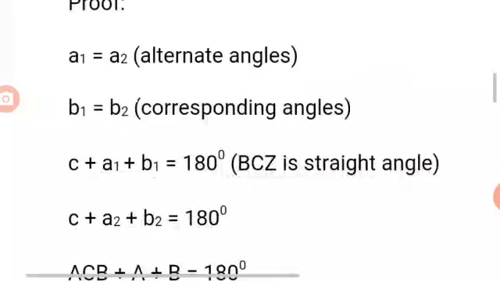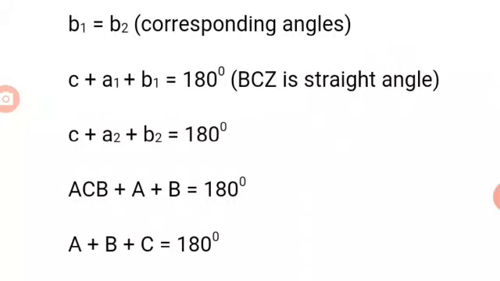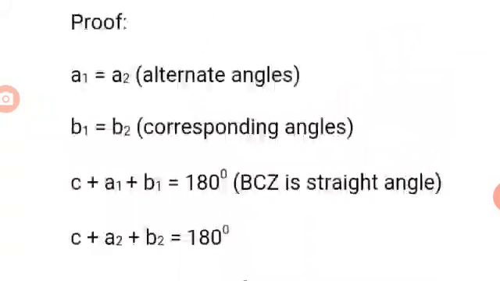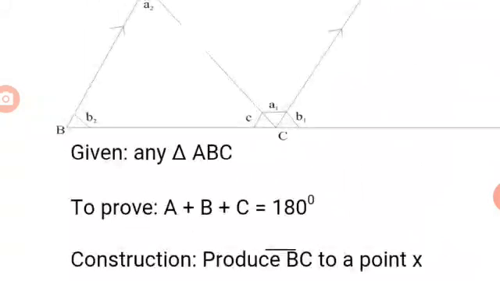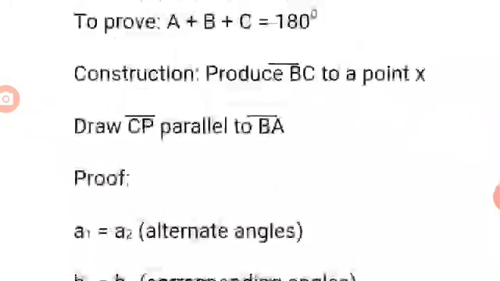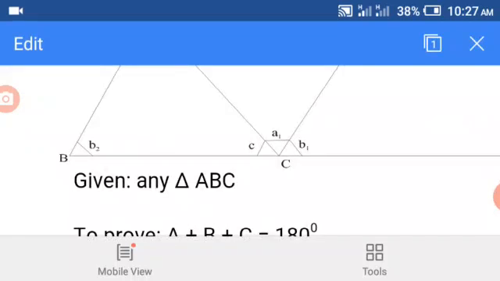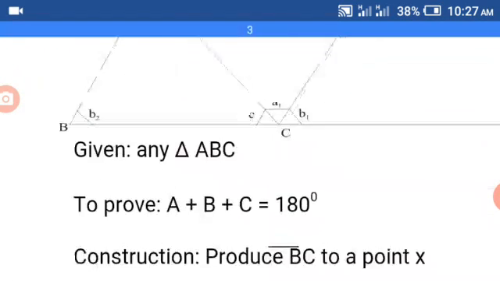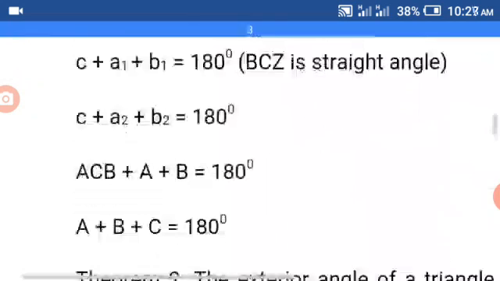Now, angle ACB plus angle A plus angle B is equal to 180 degrees.